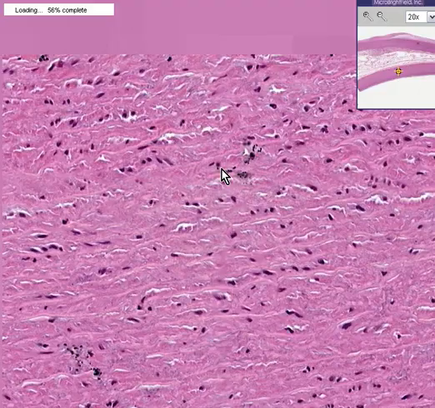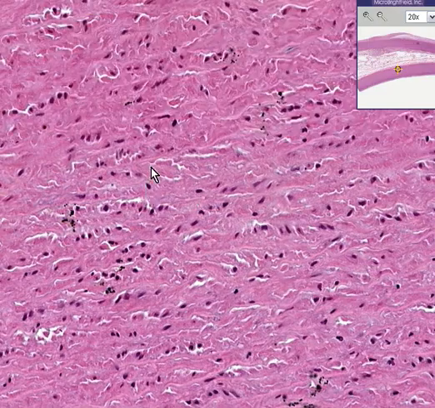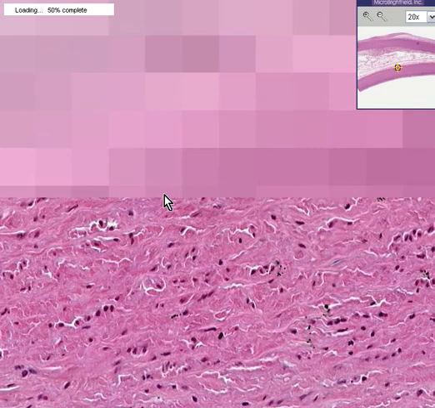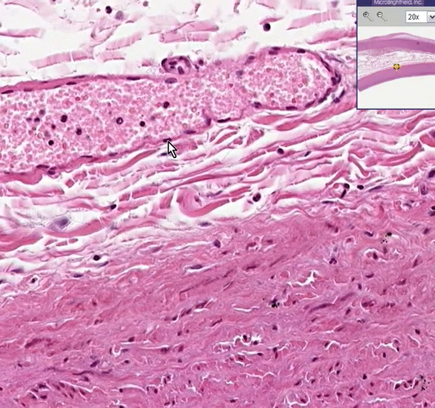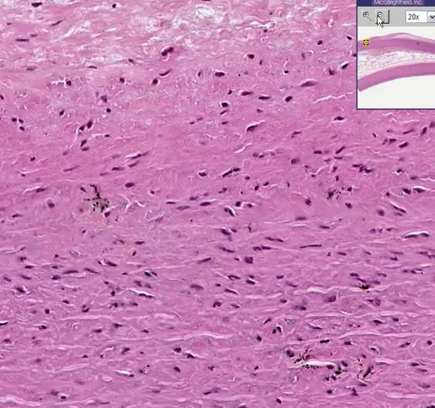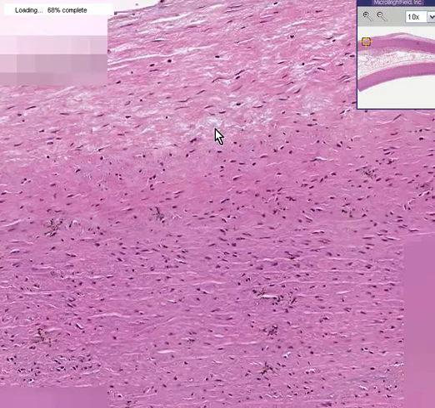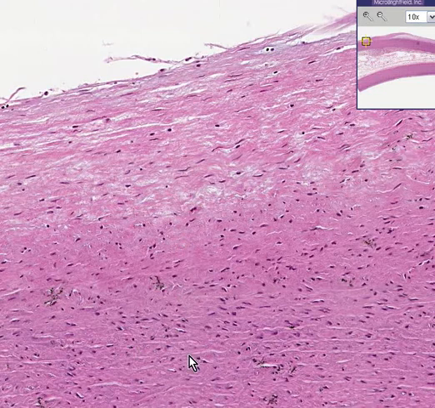This is a fairly normal cross-section through the wall of an aorta, which is 90% elastic fibers and fibroblasts and smooth muscle cells. And now we're out to the adventitia, where you see a lot of the blood vessels, so-called Vasa Vasorum.